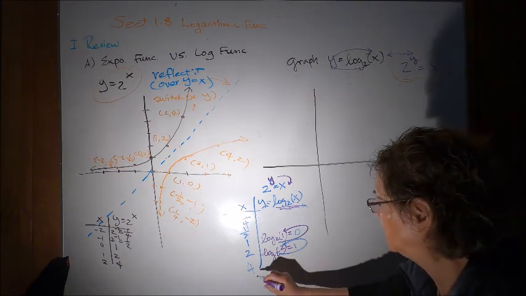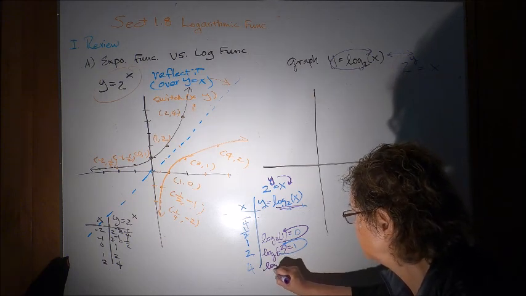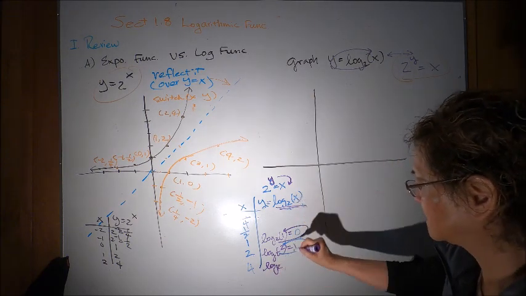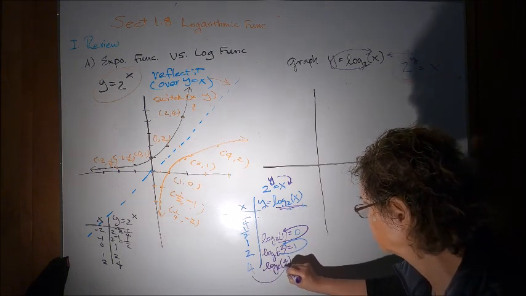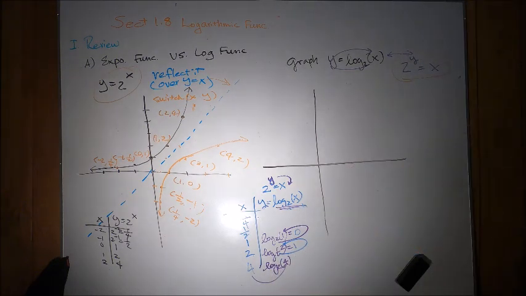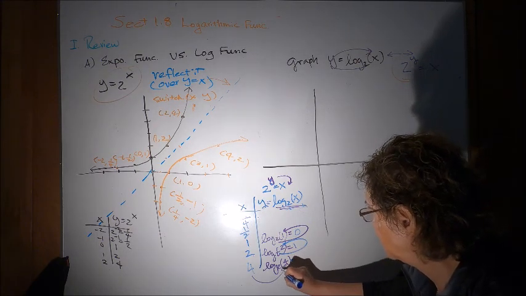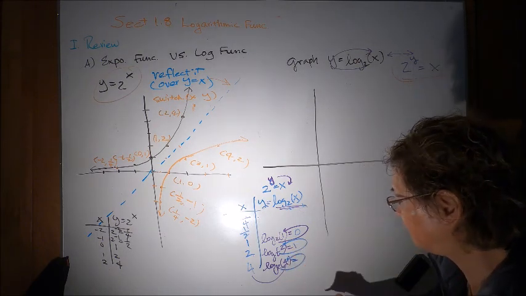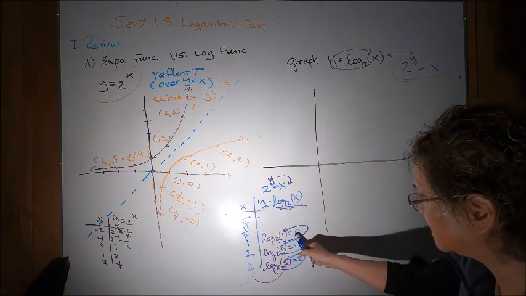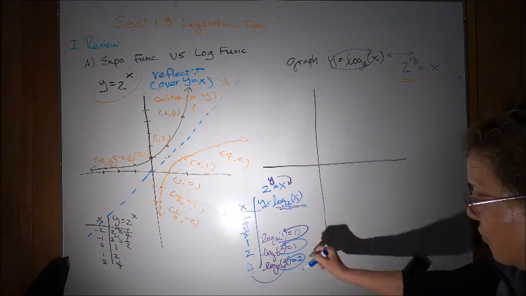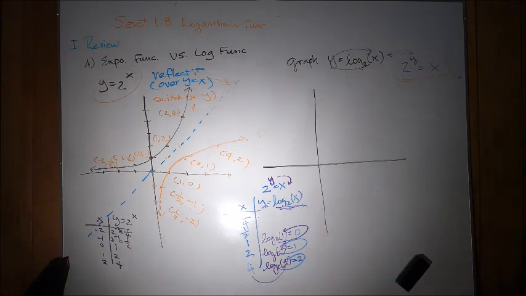And for this one, log 2 base 2, x is 4. Then what's the value? 2 to what power is 4? It's 2. So the y value is the number we get from the log.